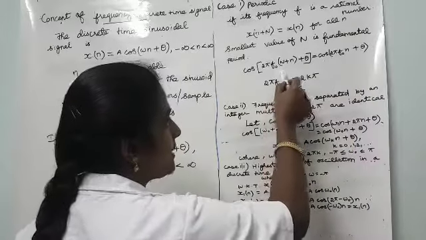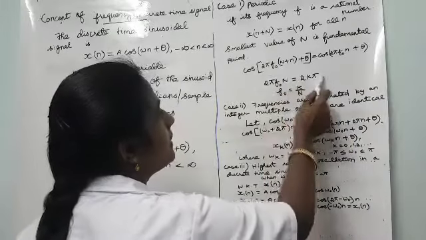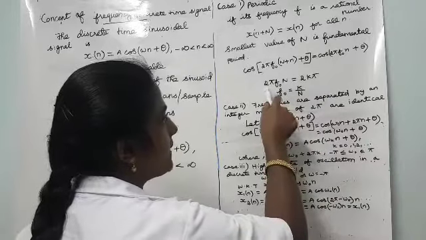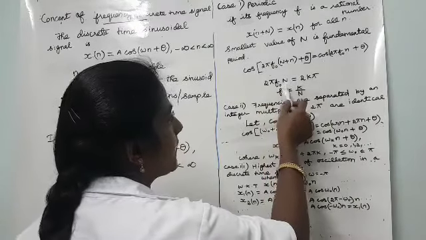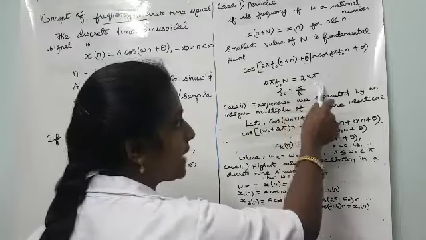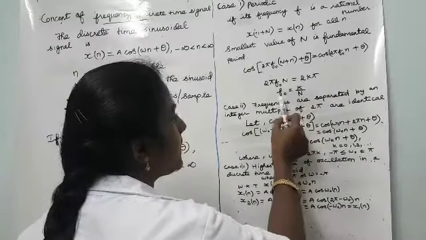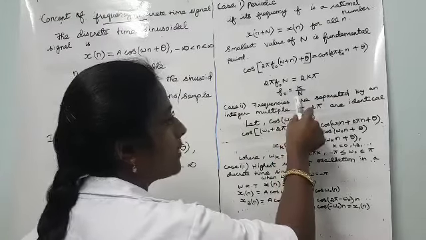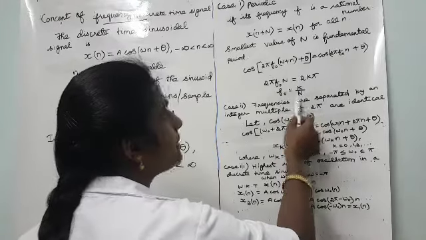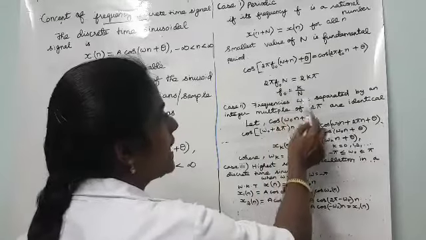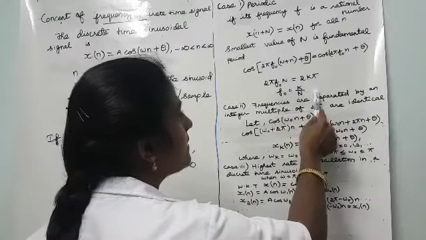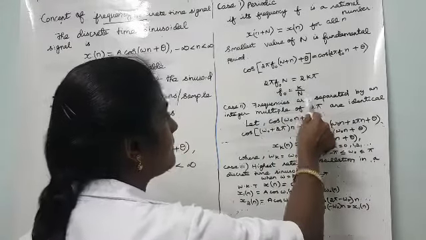This condition exists only if the relation 2 pi f0 N is equal to 2 k pi is satisfied. From this we get frequency f0 is equal to k by N, that is, f0 is the ratio of two integers, k and N.